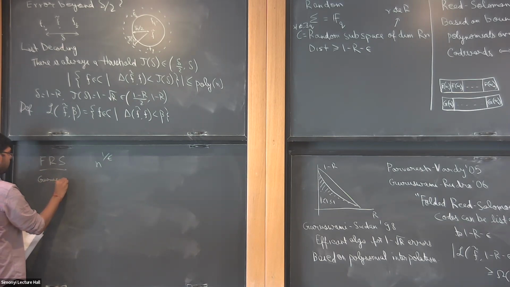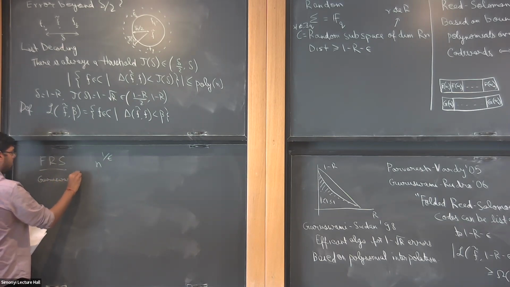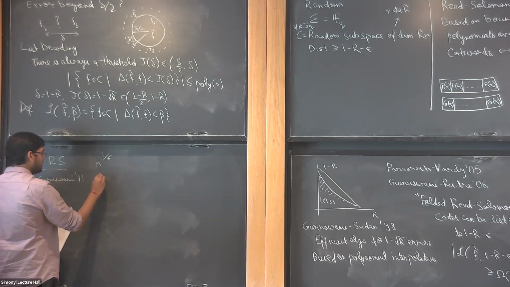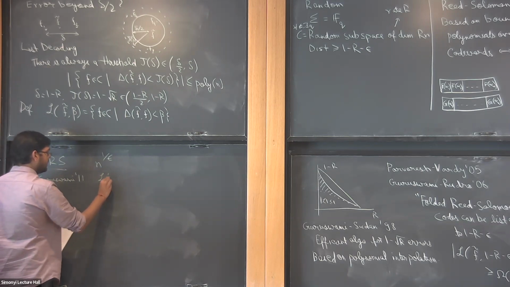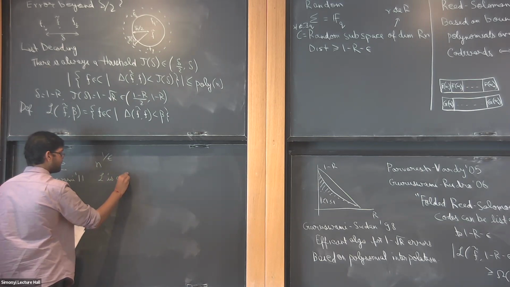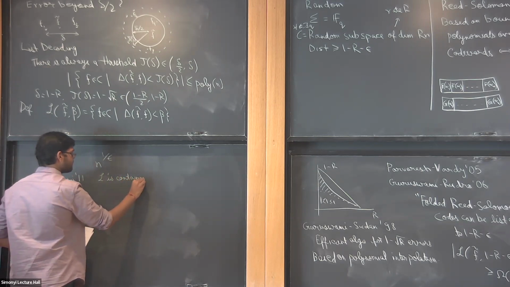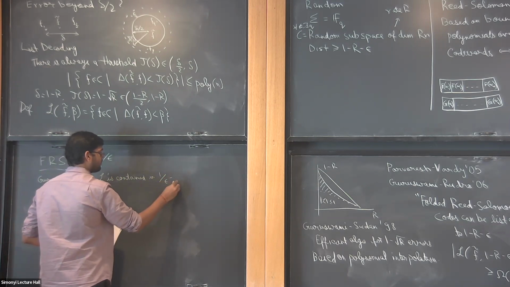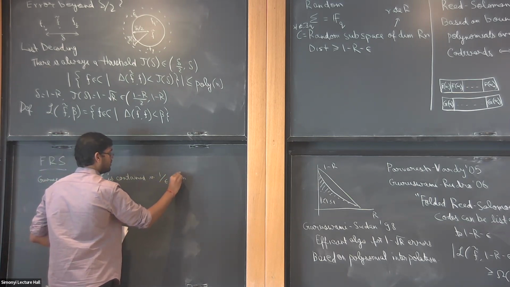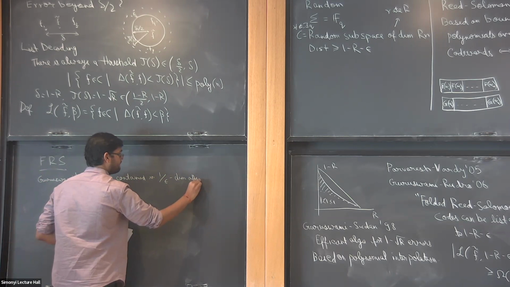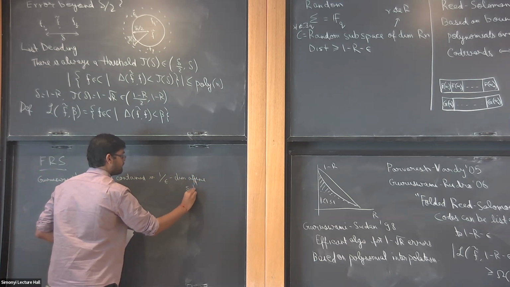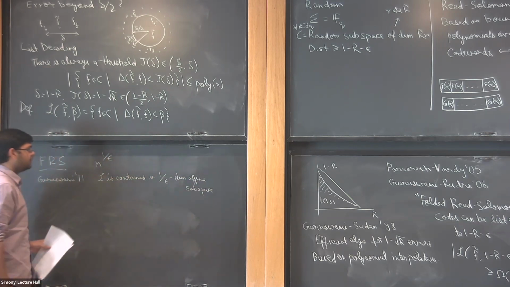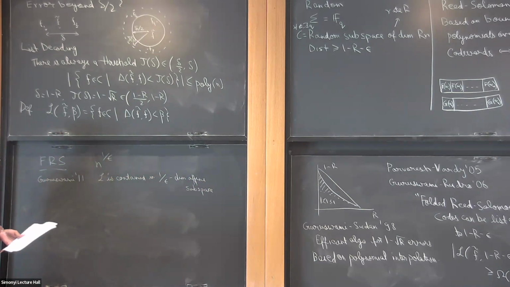Guruswami in 2011 showed that the list is actually contained in a 1/epsilon dimensional affine subspace.